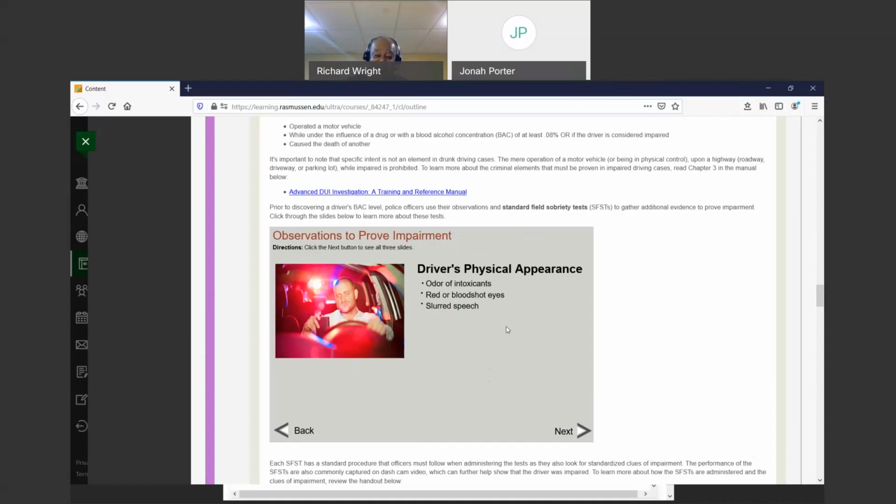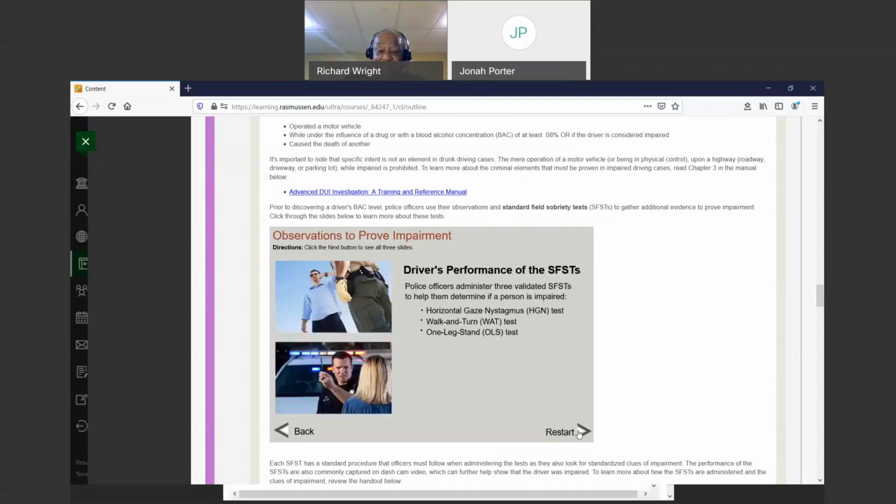The lawyer friend who represented them was able to get them off. So these are just some of the indicators that most of the time do fit, okay? Red or bloodshot eyes too may or may not, because sometimes people are rubbing their eyes and tired. But certainly the smell of alcohol is a giveaway.